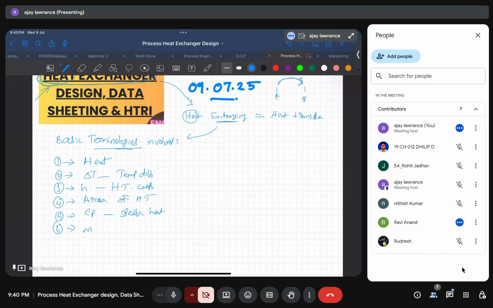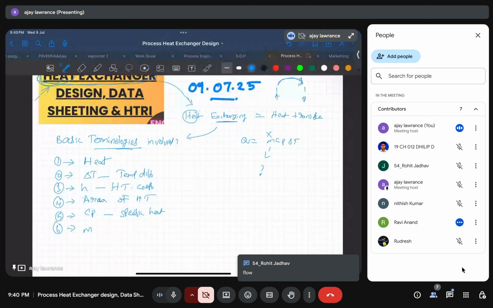MCP delta T. So if Q is equal to MCP delta T, then what is this M? M is the mass. No, M is not the mass.